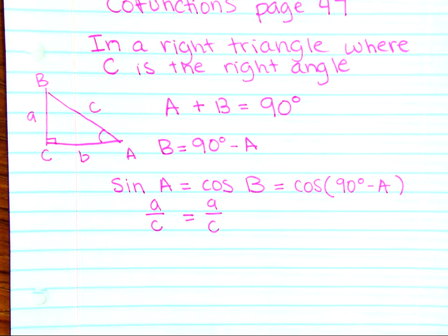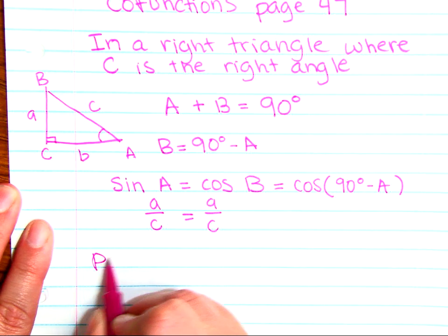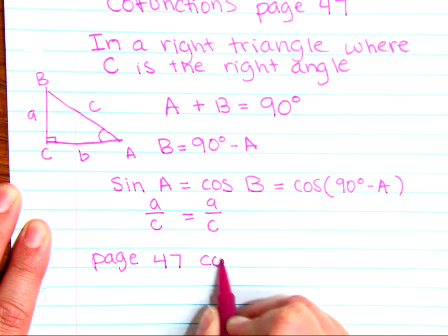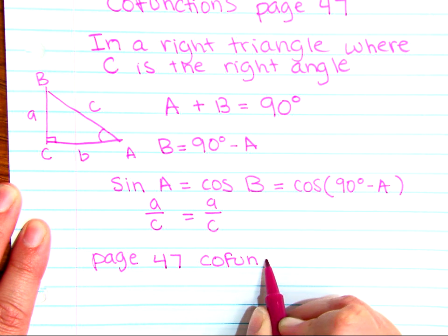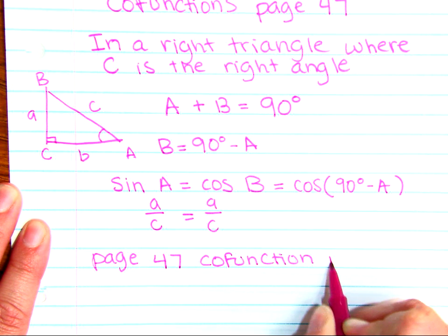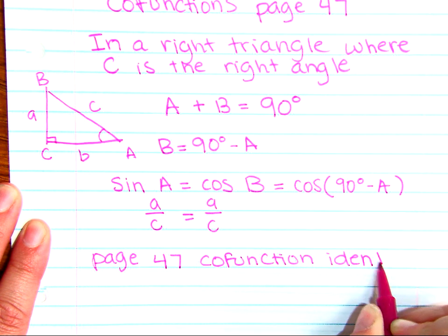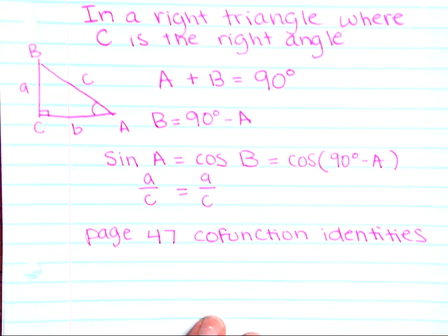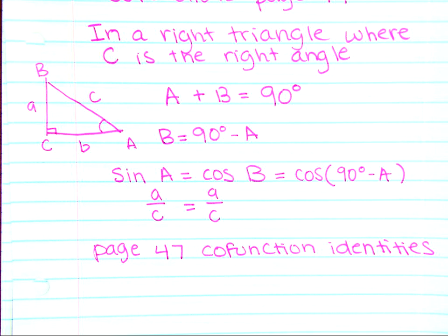And that is where, if you look on page 47, you get your cofunction identities. And that table is very important for you to know. Not so much that you need to memorize, but you need to know that sine and cosine are cofunctions.